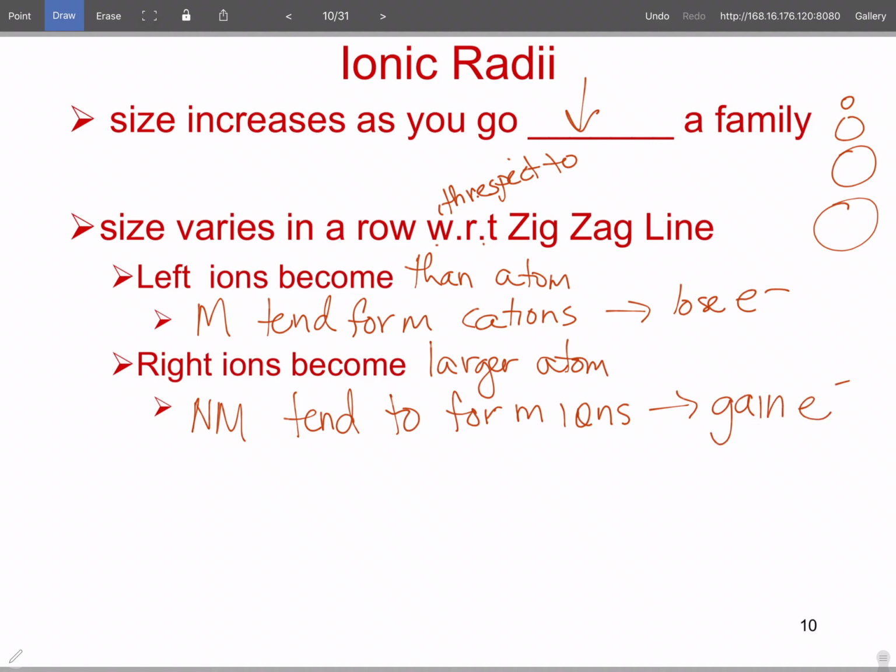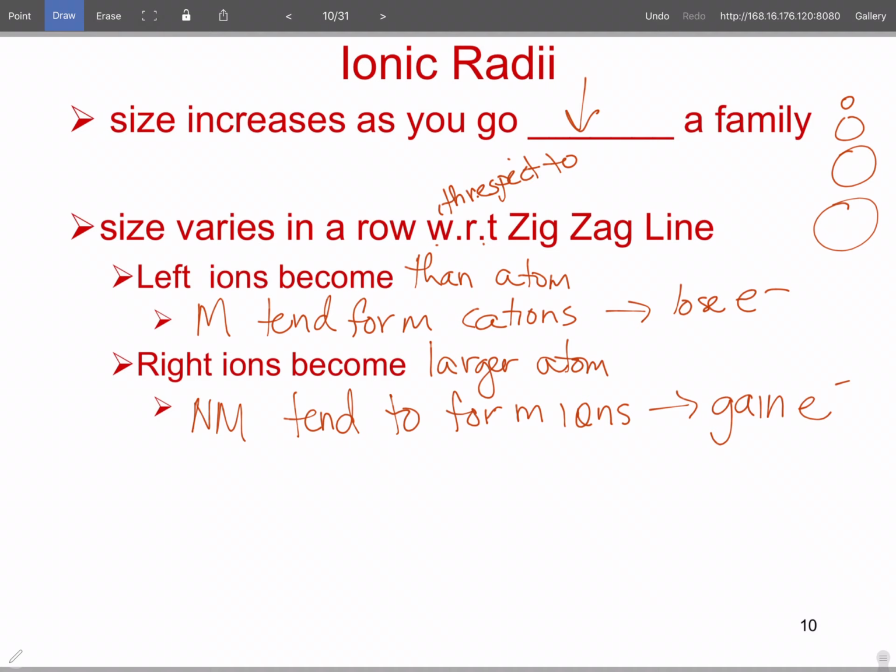Well, think of it this way. If you have, and let's just use a whole number, 10 protons and 10 electrons. If you lose 2 electrons, now you only have 8 electrons, but you're still held by 10 positives with 8 negatives. You're going to pull them in tighter. If, however, you still have only 10 protons, but you add 2 more electrons, you're at 12.